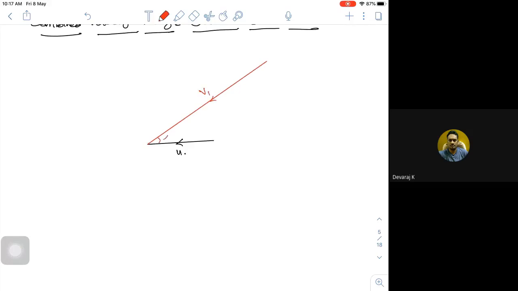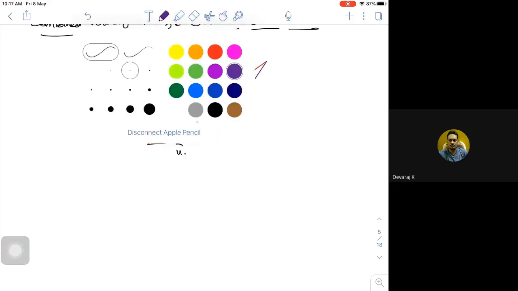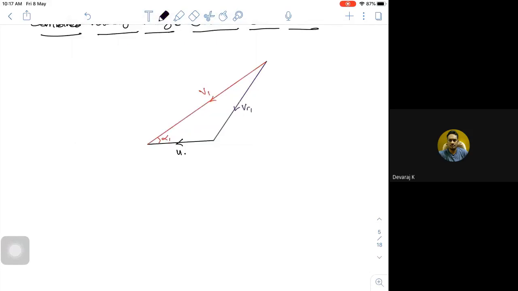This is my alpha 1, and I can close it with VR1. If I draw the components of V1, this will be my VF1, this will be VW1, and this will be beta 1.